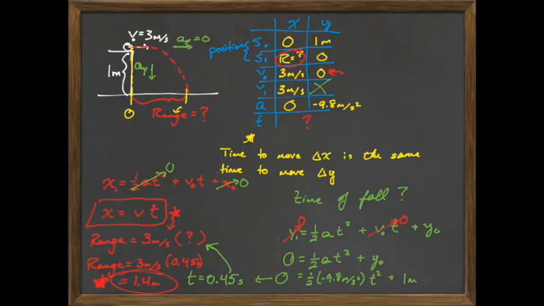But more realistically, what if it's not being launched horizontally? So in this example, we're going to say we have a projectile, whatever it is, a ball of some kind, and we want to launch it up on top of a table.